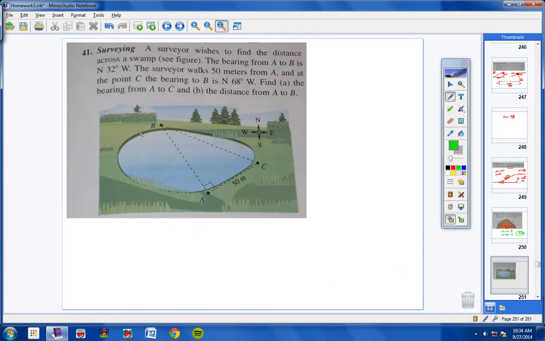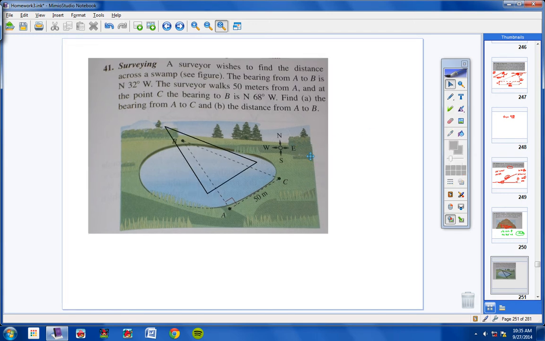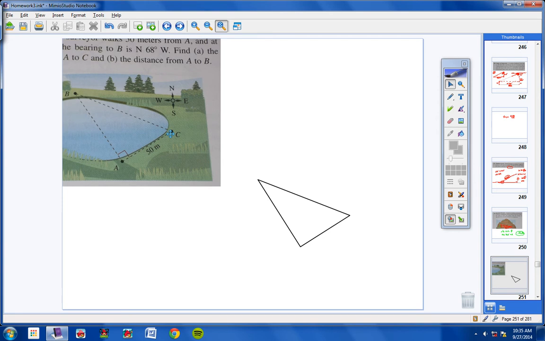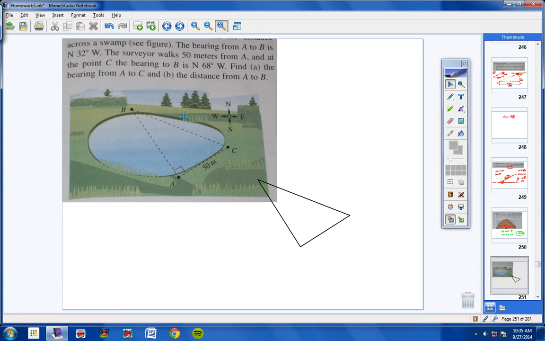Number 41. I think they've done a really good job of giving us a picture of what they're talking about. I am going to go ahead and cut this triangle out and use it. That's pretty good. I'm going to go ahead and pull this over here. Because students, in a second I'm going to get rid of this picture right here completely.